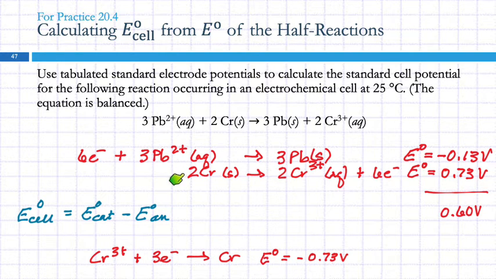Which of these is the cathode and which is the anode? It's not obvious. Oxidation occurs at the anode. Which one's being oxidized? This is gaining electrons, that's losing electrons. So losing electrons is reduction. Gaining electrons is oxidation. So this must be happening at the cathode, and this must be happening at the anode.